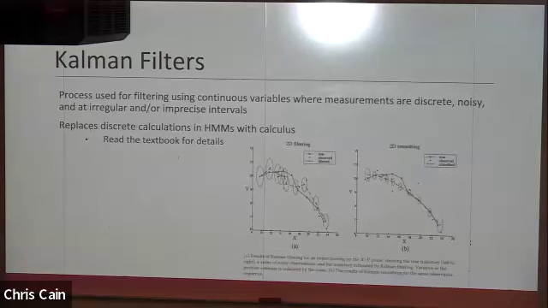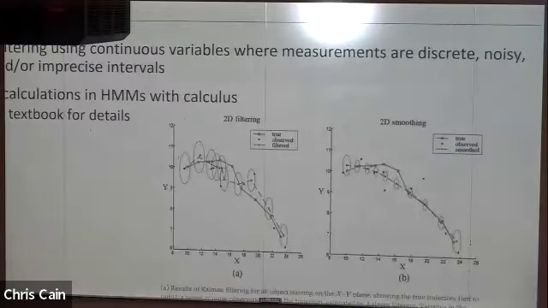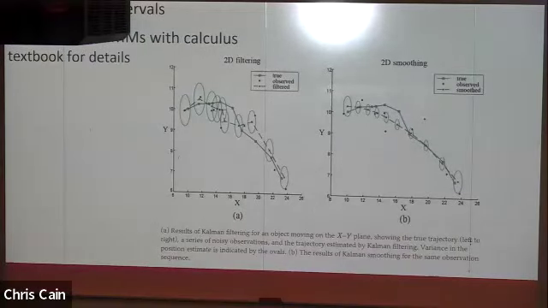But you can see from this, I'll zoom in on this so you can see it a bit better, there's filtering and smoothing for a two-dimensional variable. An object is moving on the XY plane, and there's the true trajectory, and there's the trajectory that is based on the noisy observations from it. So you can use Kalman filtering because this is happening in real time, even though there are discrete intervals, you can go back and apply smoothing. We estimate this took some kind of parabolic path, like throwing something straight out and it curves down to the ground based on gravity.